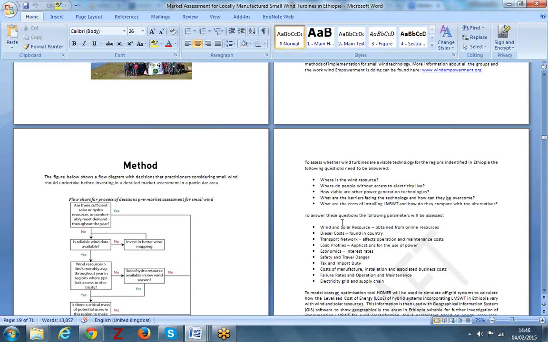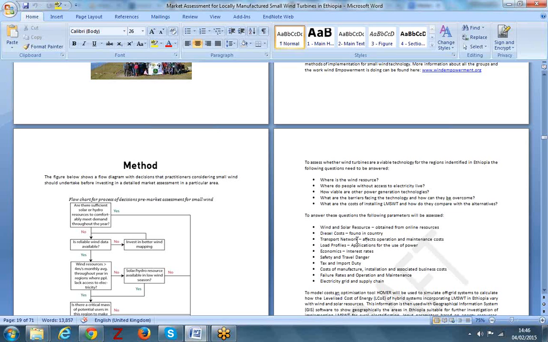For each one of these parameters we need to find, firstly, what is the information that we need, where can we find that information, whether we can find it online or whether we have to find it in the country if we have to actually go there, how we need to analyze the information, and then how we need to present it, which this report does. So the first is the wind and solar resource, and we'll go into that in a bit of detail, and the other energy, which is diesel costs found in country.